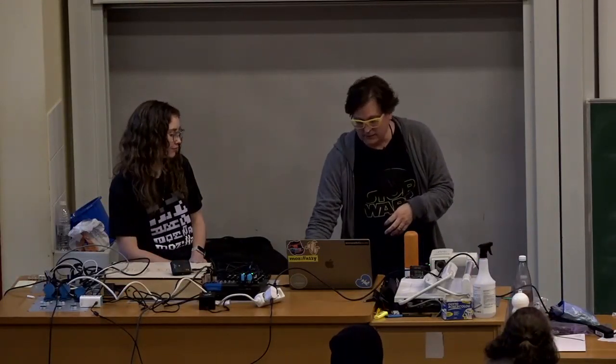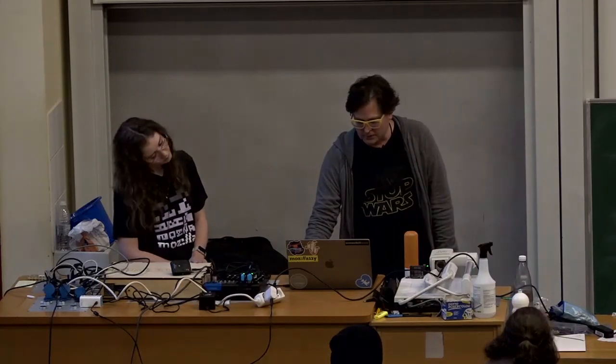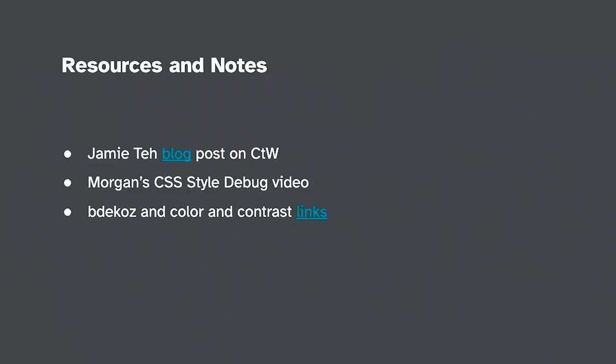On the slide deck, but not in our presentation, we have some additional resources and notes for people who are trying to work with accessibility, maybe new to it. Here are some resources for you to use. Again, Jamie's blog post, I'm going to really hype that again. Please read it.